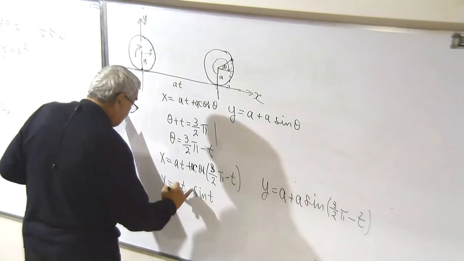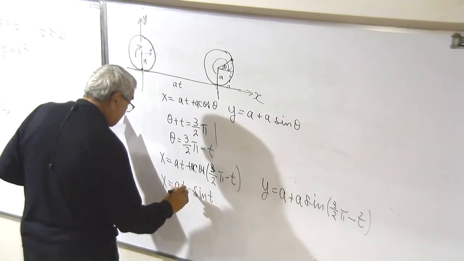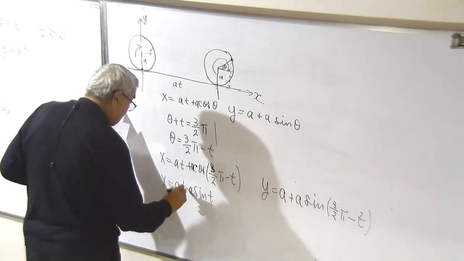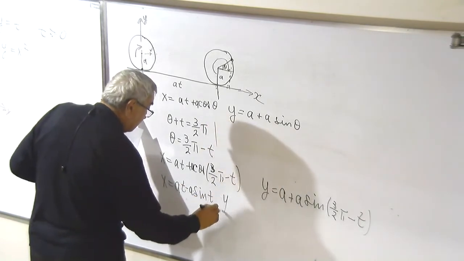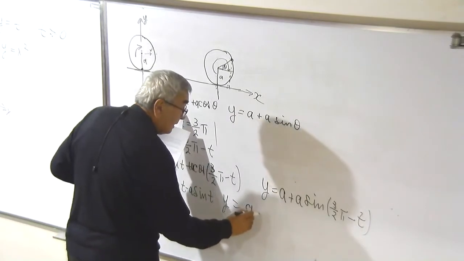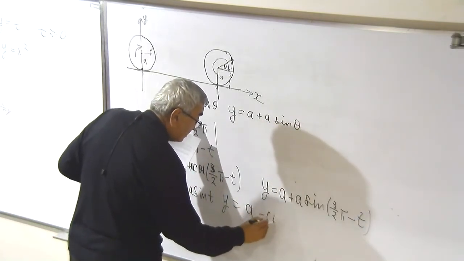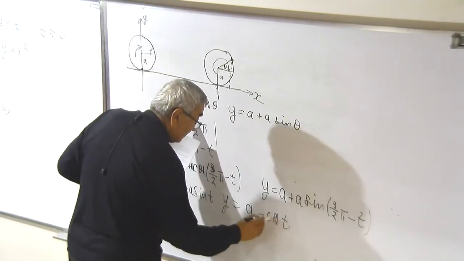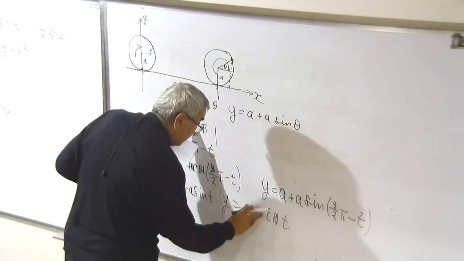And y will be equal to a minus a cos t, also a.